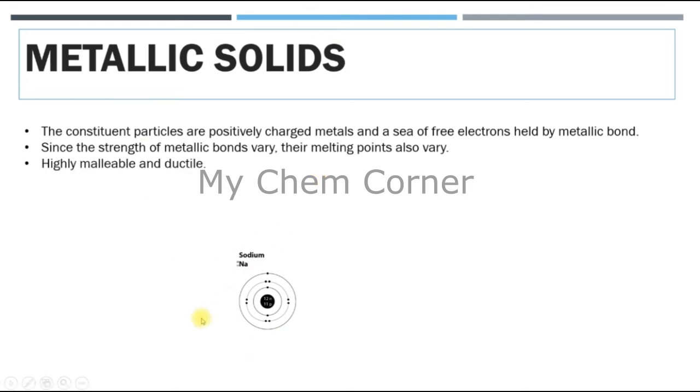Now, we all know that metals have a very characteristic feature of being highly malleable and ductile, which means you can beat them into thin sheets or you can draw them into thin wires. Both properties are possible in solids. So they are highly malleable and ductile. Now in metals, because they have a tendency to lose electrons, there are free electrons.